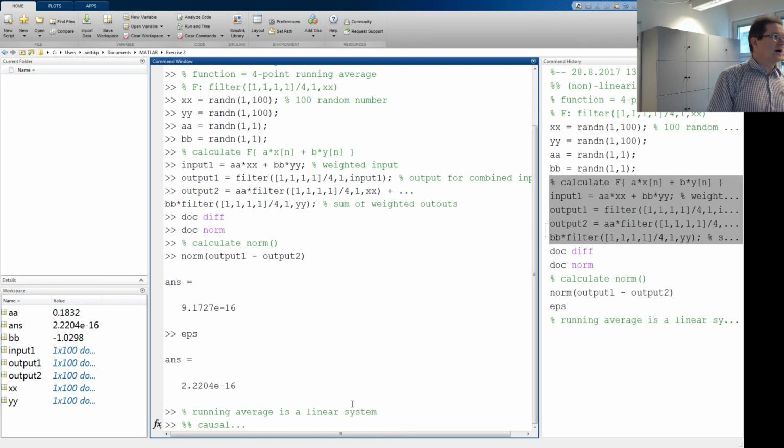There we need to start a vector at some point, run it through a system, and see if the output actually is 0 before this signal starts. Okay, so causal: no output before input.